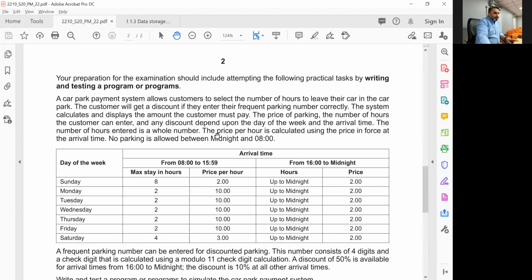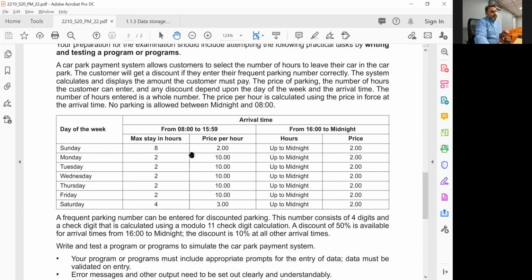So the price per hour is calculated using the price in force at the arrival time. No parking is allowed between midnight and 800 hours. So let's have a look at this data table where they have shown the day of the week, and there are two time slots from 800 hours to 1559 and from 1600 hours to midnight.